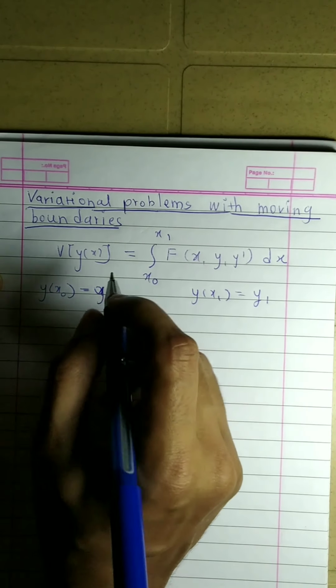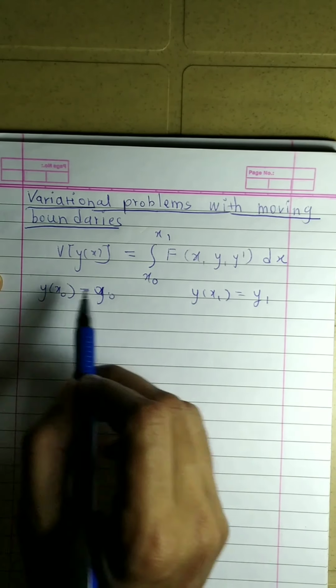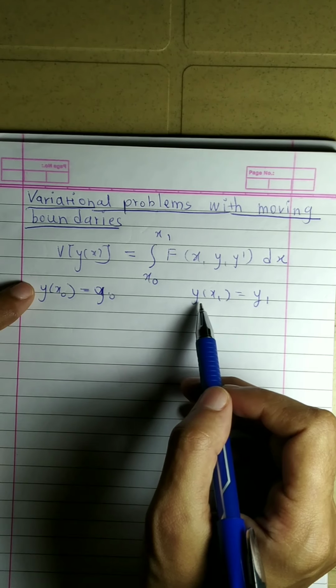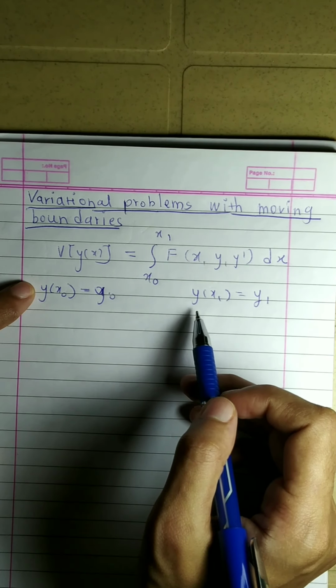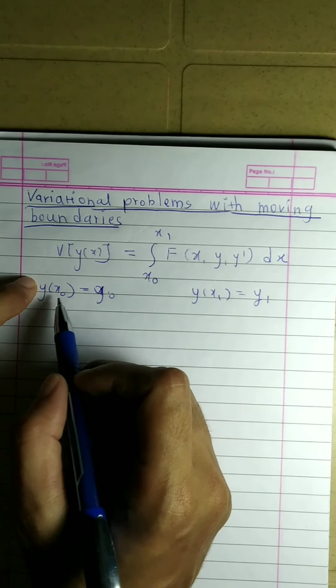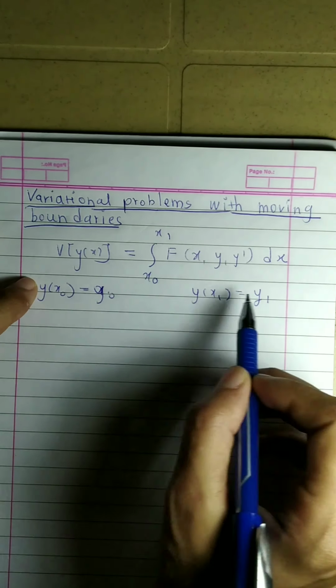So whatever extremals we were getting, for that extremal we knew what are the two fixed points.